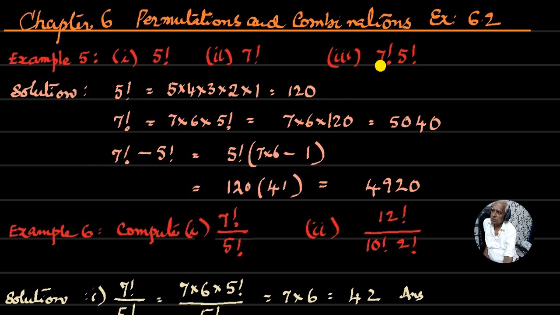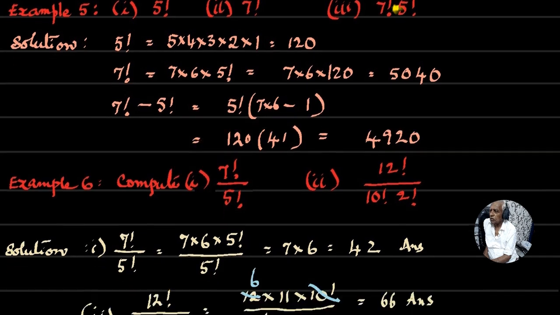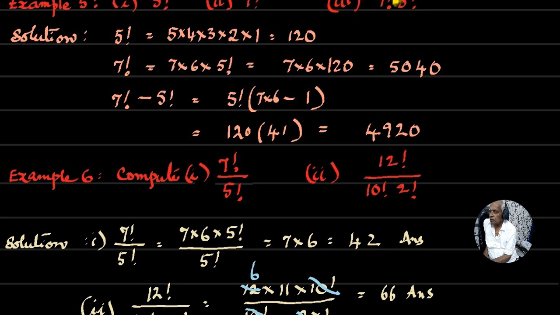Now the third question is factorial 7 minus factorial 5. There is a minus here. Factorial 5 comes out common.